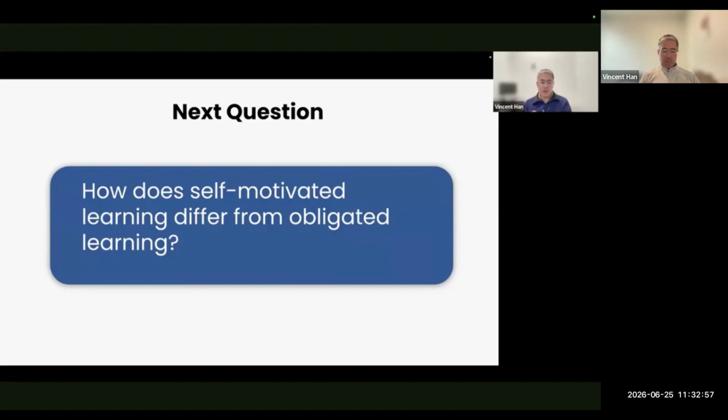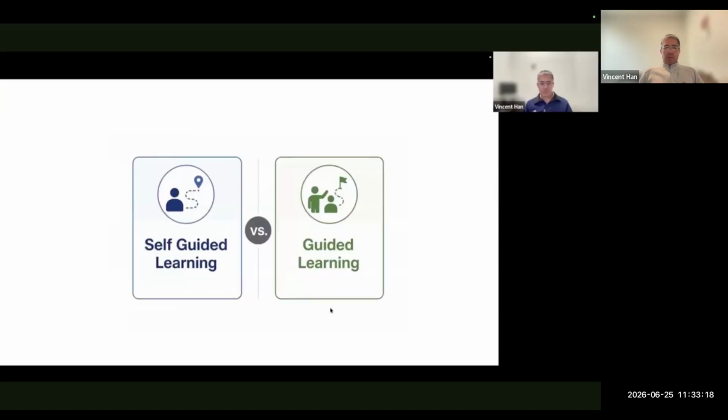And obligated learning is something that either at school you have to take a class maybe you wouldn't have decided to take, or in the workplace, what we're talking about today, the things that you're asked to learn, or even the things that you want to learn for career development, can fall under this bucket of obligated learning. And there's some real differences there.